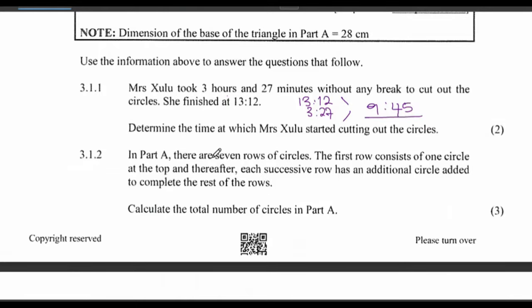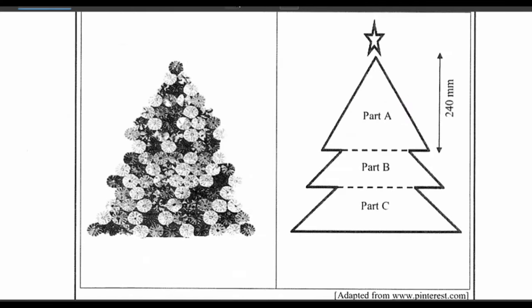In part A, there are 7 rows of circles. The first row consists of 1 circle at the top, and thereafter each successive row has an additional circle added to complete the rest of the rows. You see that? So if there are 7, meaning row 1 has 1, row 2 will have 2.